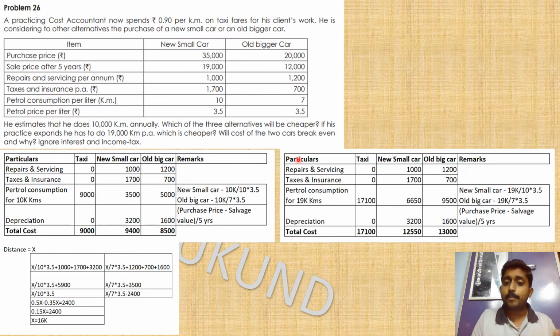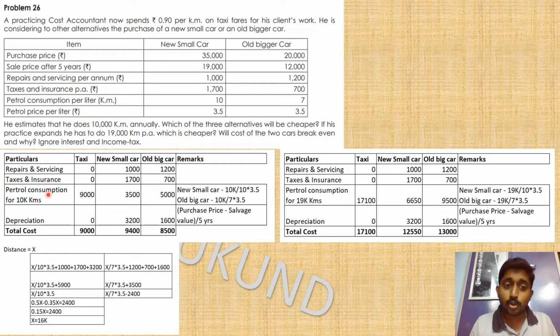At the break even point, the cost of the new small car and the cost of the old big car will both be the same. So what will be the cost of the new small car? For the new small car, 1,000 rupees is the repairs and service, plus 1,700 is the tax and insurance, plus depreciation of 3,200. These three figures will not change with kilometers.